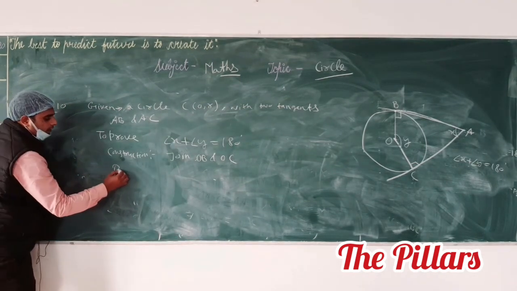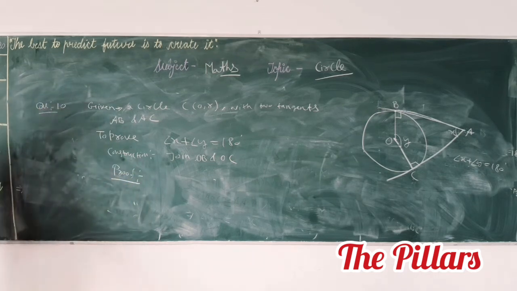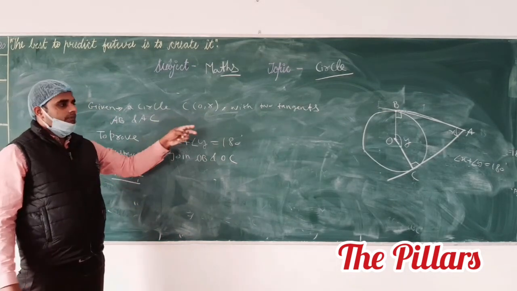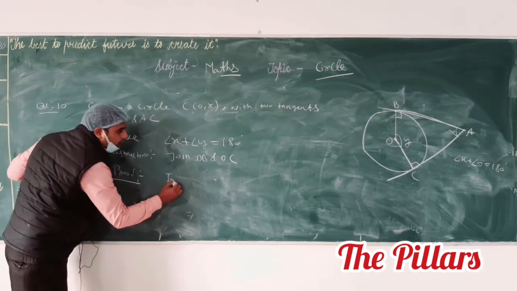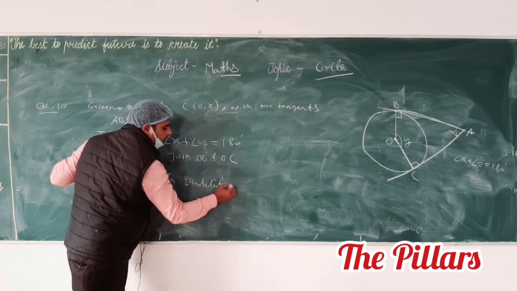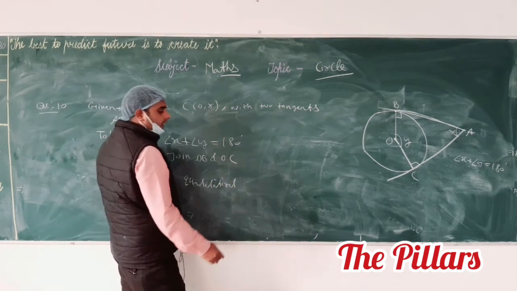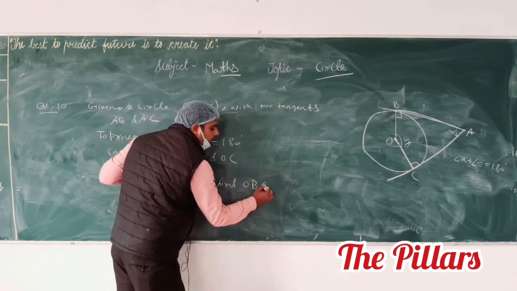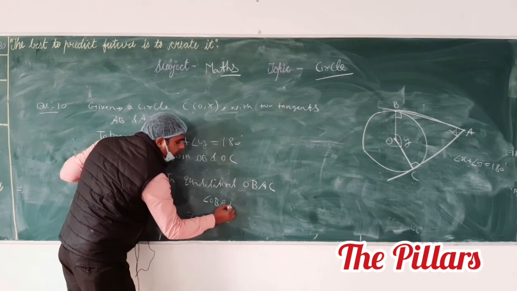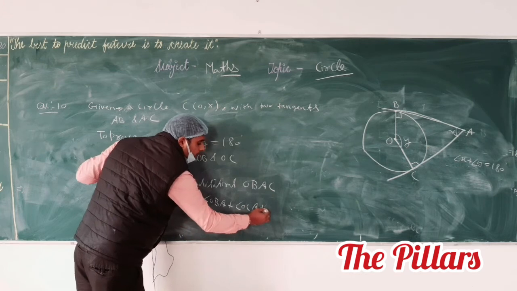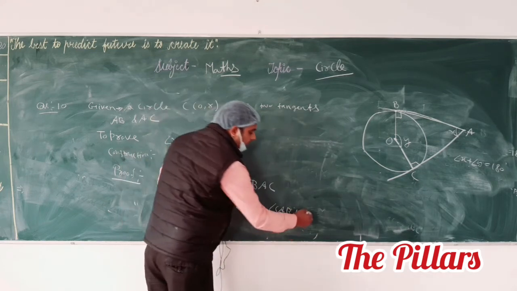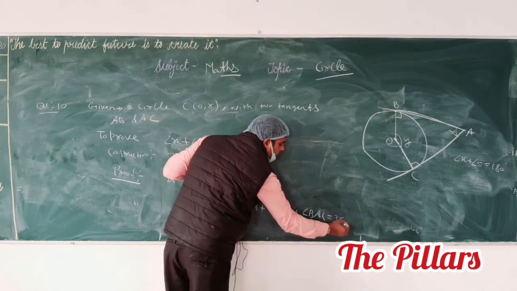Proof. In quadrilateral OBAC, angle OBA plus angle OCA plus angle CAB plus angle BAC equals what? 360 degrees.